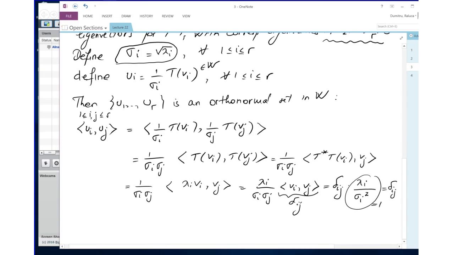So u1 through ur form an orthonormal set in W, which had dimension m. So r vectors might not be enough, right? Being orthonormal, they are orthogonal, so linearly independent. So you have a linearly independent set of r vectors. You can always expand that to a basis.